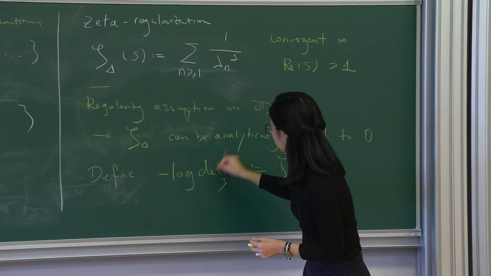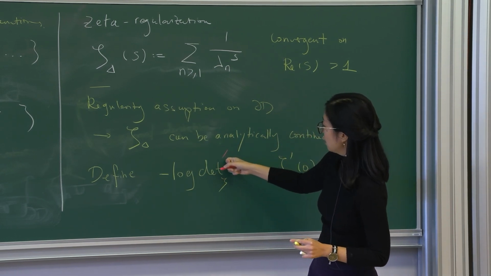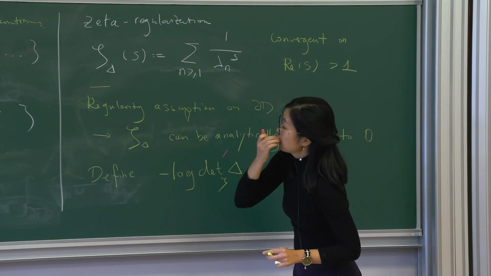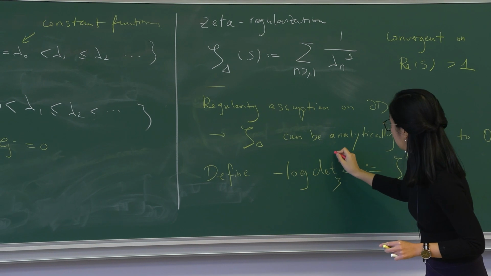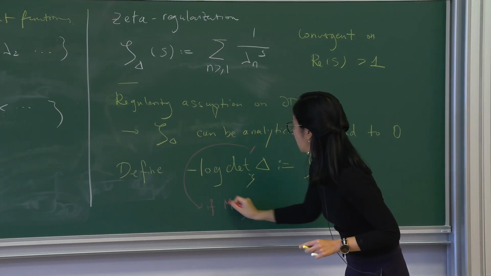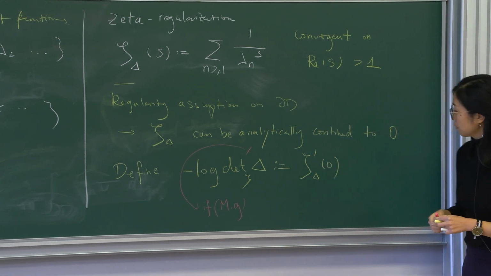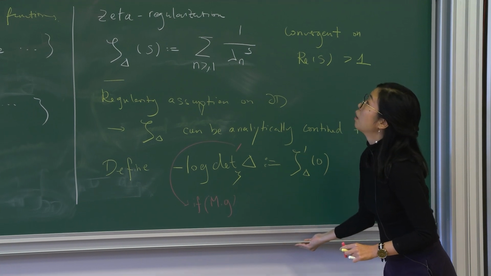And we put the prime, just notation, to denote the case where we have thrown out the kernel here. This is just notation. Okay.